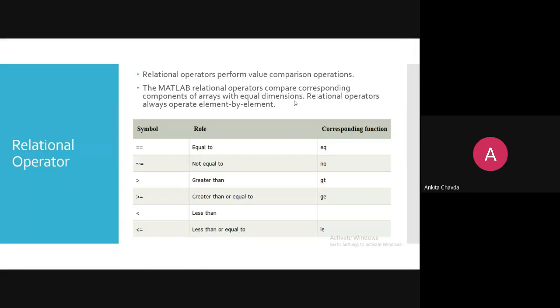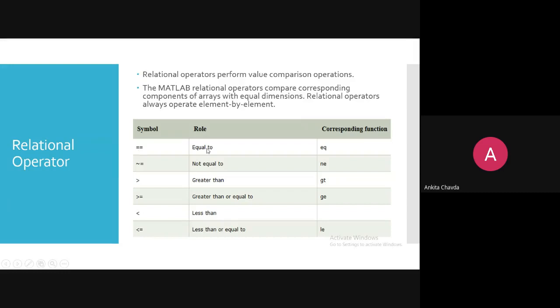It is not like one array is 5 cross 5 and another is 10 cross 10, right? Then how can they compare? So you have the same dimensions. Relational operators always operate element by element, always. So just remember this.